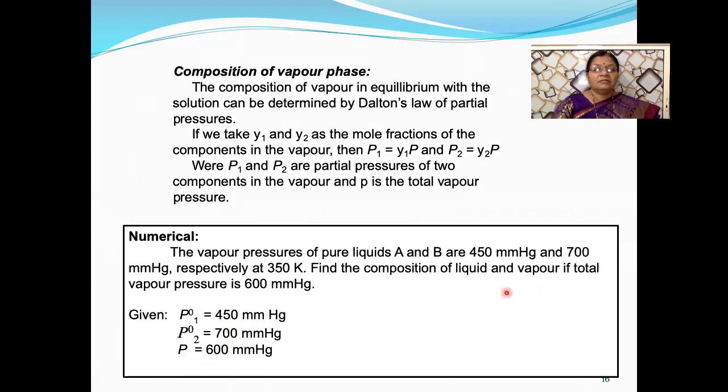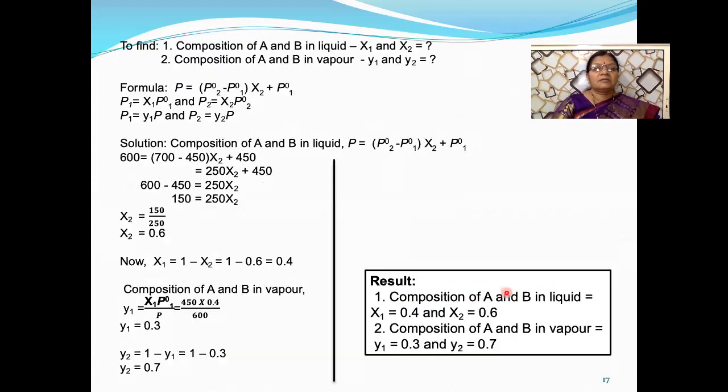To calculate this, for the composition of components A and B in the liquid, we have to find the values of X1 and X2. For the composition of both components in the vapor phase, we have to find the values of Y1 and Y2. Now according to Raoult's law, the total vapor pressure is equal to (P02 minus P01) multiplied by X2 plus P01.